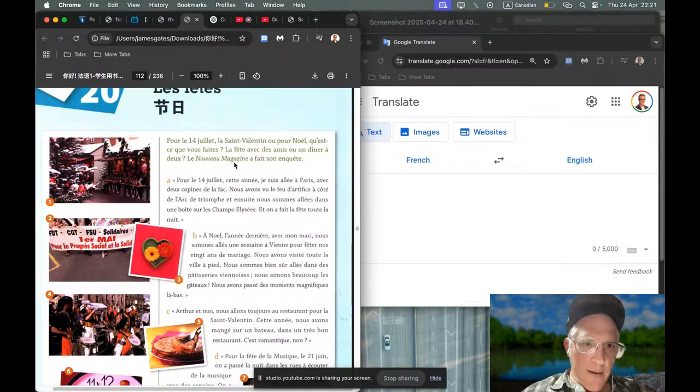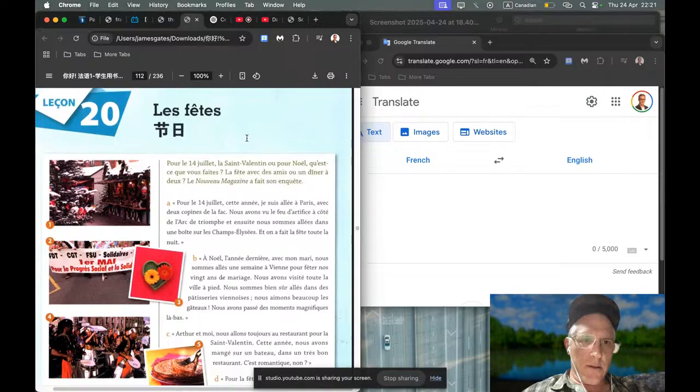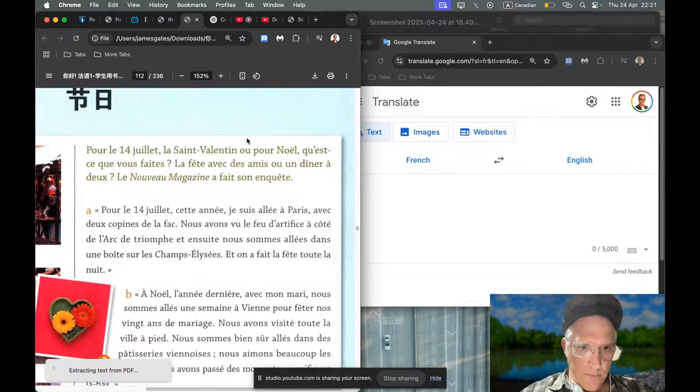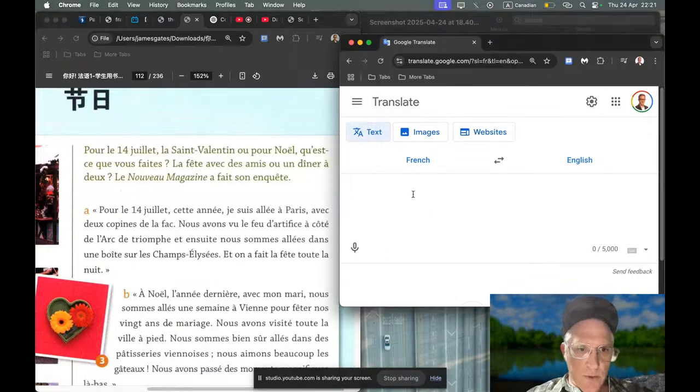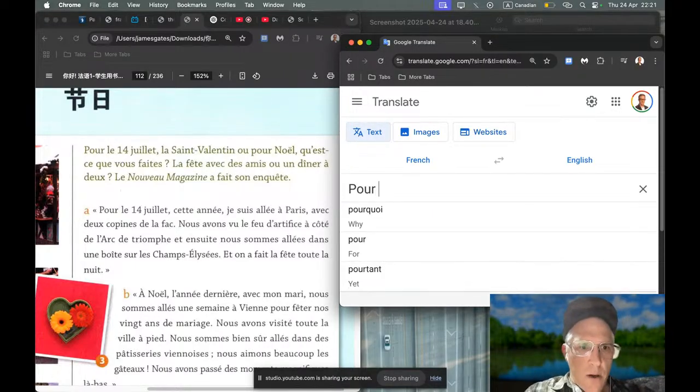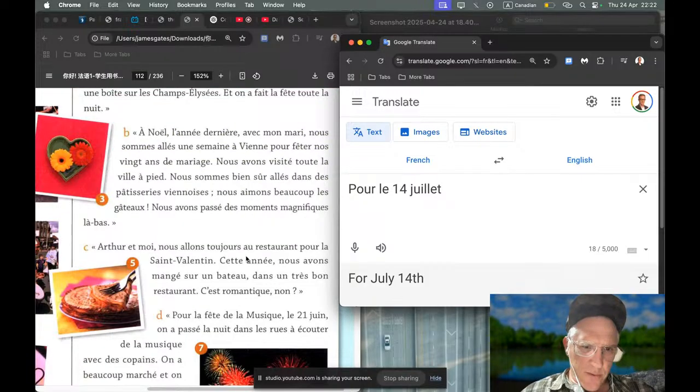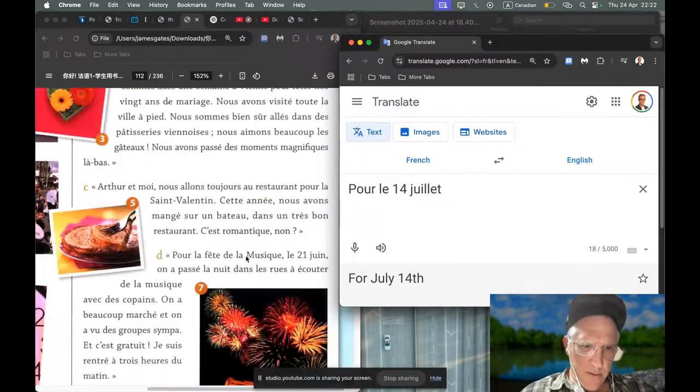Now, we also have like this, we can also go to the French here. So, pour le 14th of Juillet, I guess Valentine's Day is the 4th of July? 14th of July? What the heck? That's it?